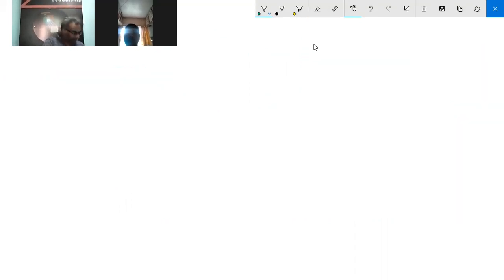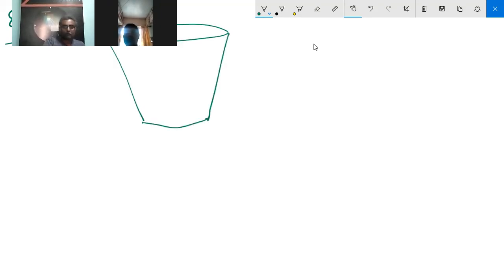Okay, now we are going to do example 7.14. Industrial metallic bucket in the shape of frustum of right circular cone, top and bottom diameters. Top diameter is equal to 10.